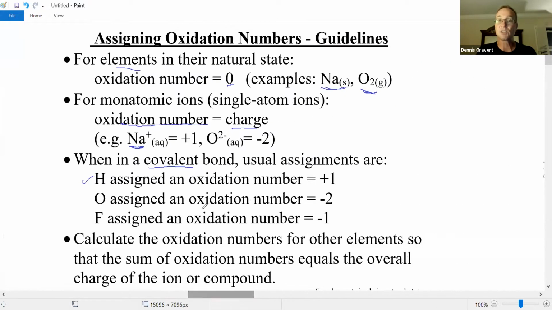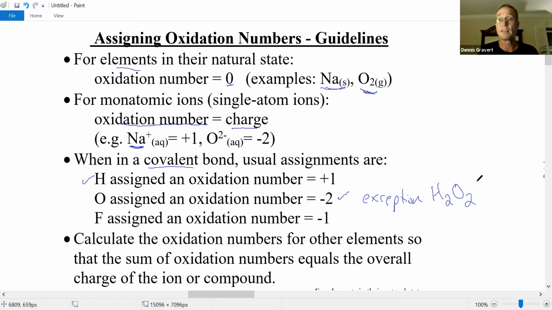Oxygen likes to gain 2 electrons. So let's assign the oxidation number to oxygen to be -2. It's not really a -2 ion, but if it was ionic, that's what its charge would like to be. There's one notable exception, and I'll try to avoid using it on my Chemistry 6 exams. I mean, Chem 6 is the intro level, so we shouldn't have a whole bunch of exceptions. But you might see it in the homework, or if you're taking a different class and you're reviewing oxidation numbers through this video, here's the exception.